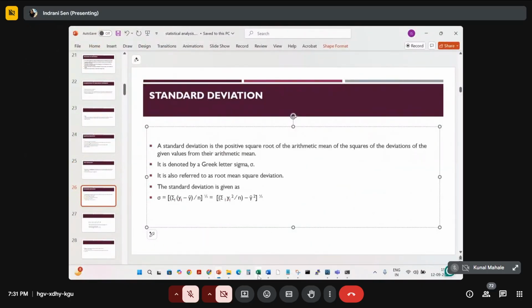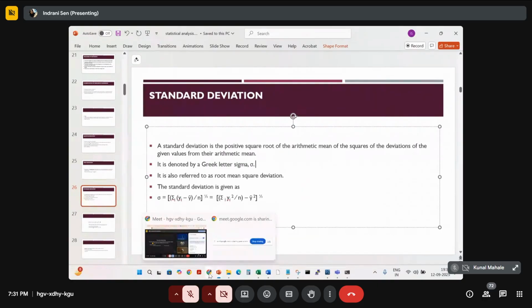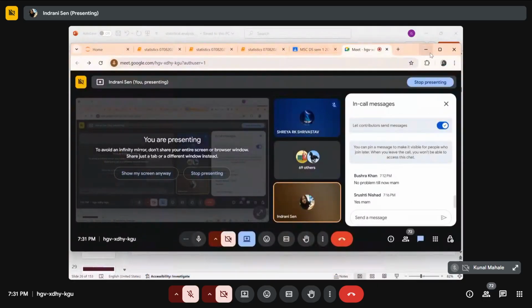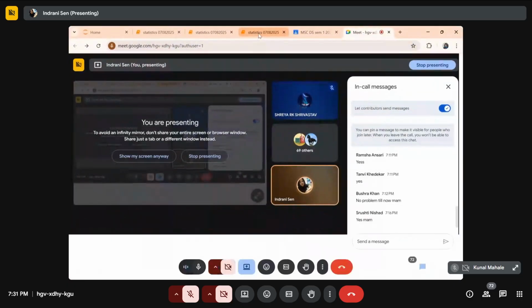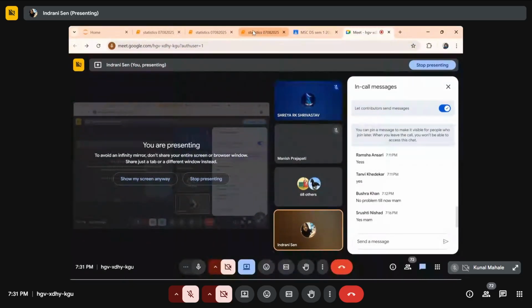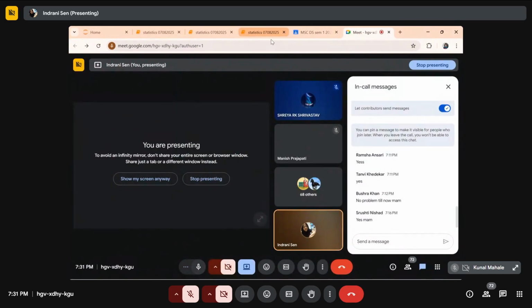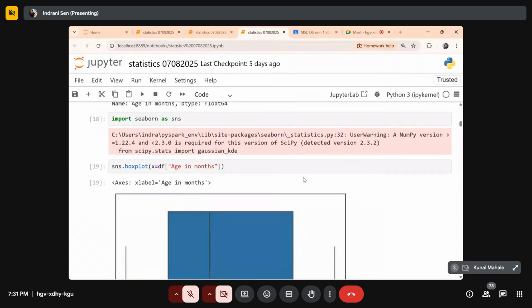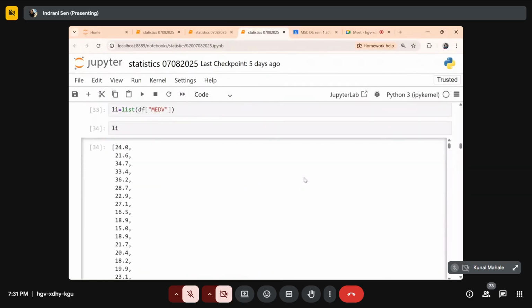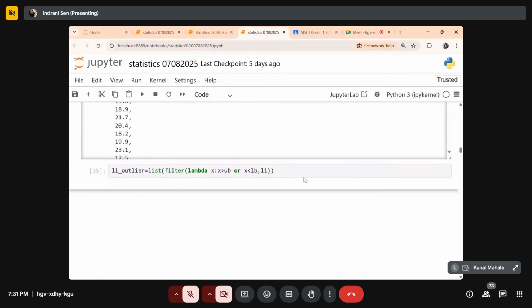All right, you can directly take standard deviation here in Jupyter Notebook also. So I'm just creating it here. For statistics we generally use NumPy arrays, because NumPy is for statistics.